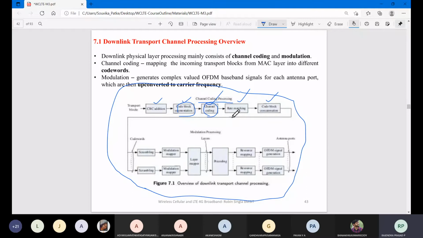We have observed this in networking as well. If the transmitter rate is very fast and the receiver rate is very slow, whatever I transmit it is not able to understand, so there is a loss.